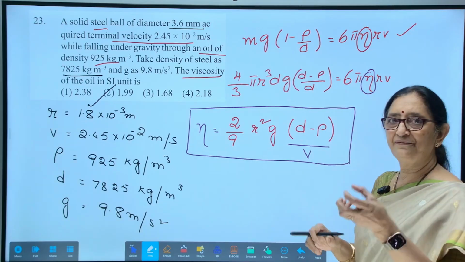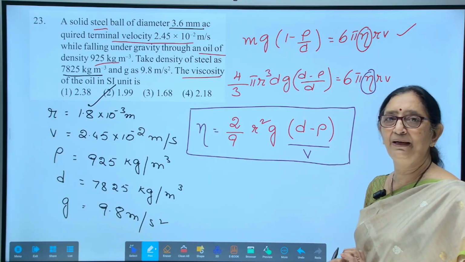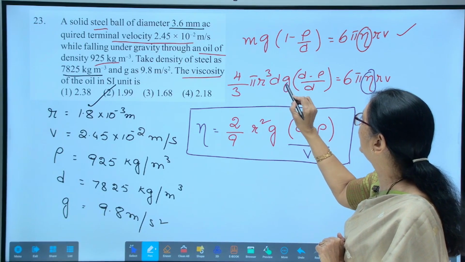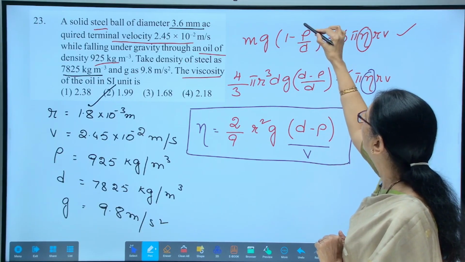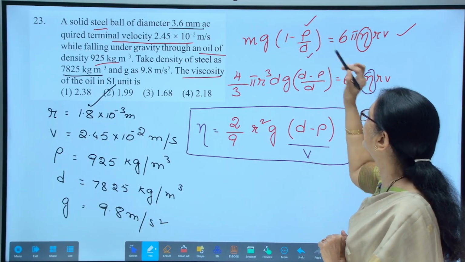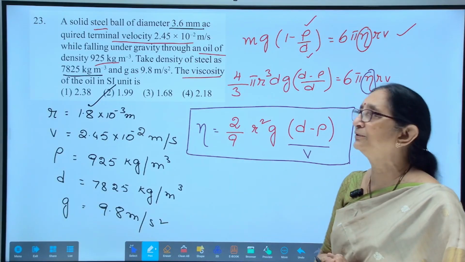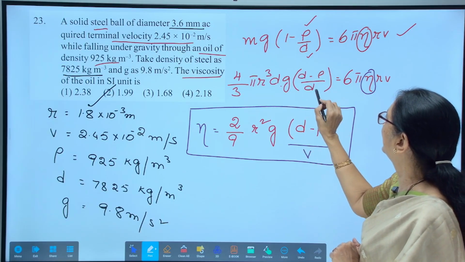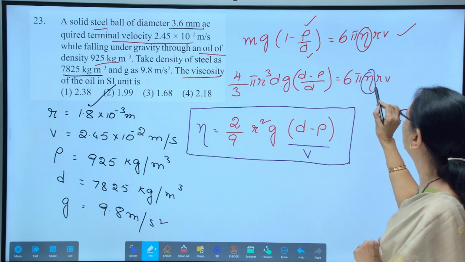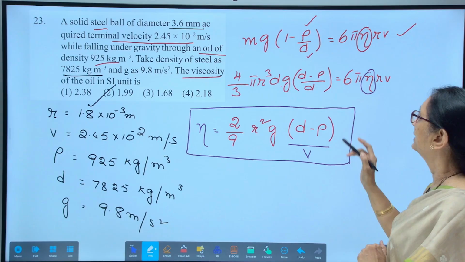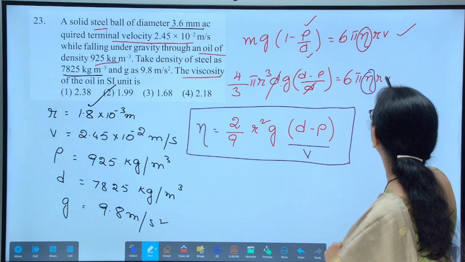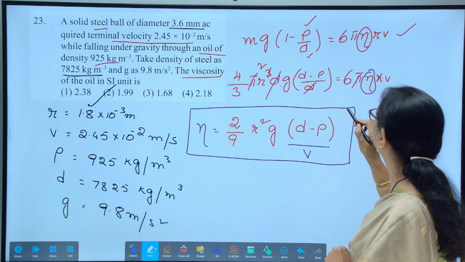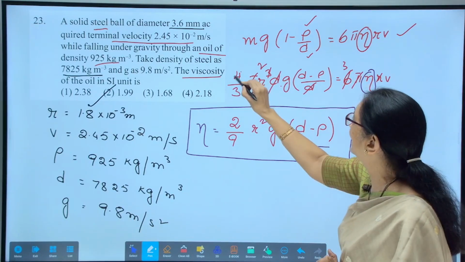So the mass of the object dropped into the fluid will be volume into density, that is 4 by 3 pi r cube d g into (1 minus rho by d). Rho is the density of the fluid, d is the density of the object which is dropped into the fluid. If you take the LCM, it is 4 by 3 pi r cube g (d minus rho) equal to 6 pi eta r v. So the d gets cancelled, r gets cancelled, pi and pi get cancelled, 2 gets cancelled, 3 times, 2 times.